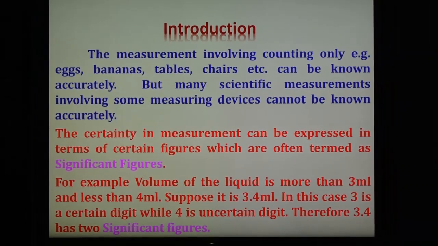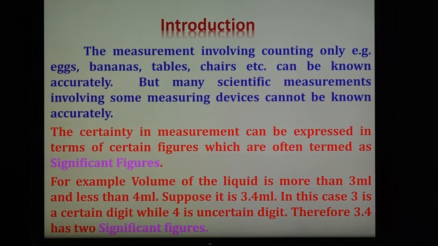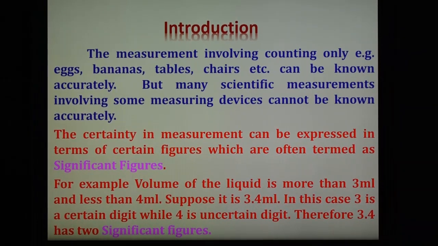Therefore, the accuracy of any such measurement depends upon two factors. Number one is the accuracy of the measuring device used, and second is the skill of the operator. These are the two important things which determine the accuracy of the measurement.